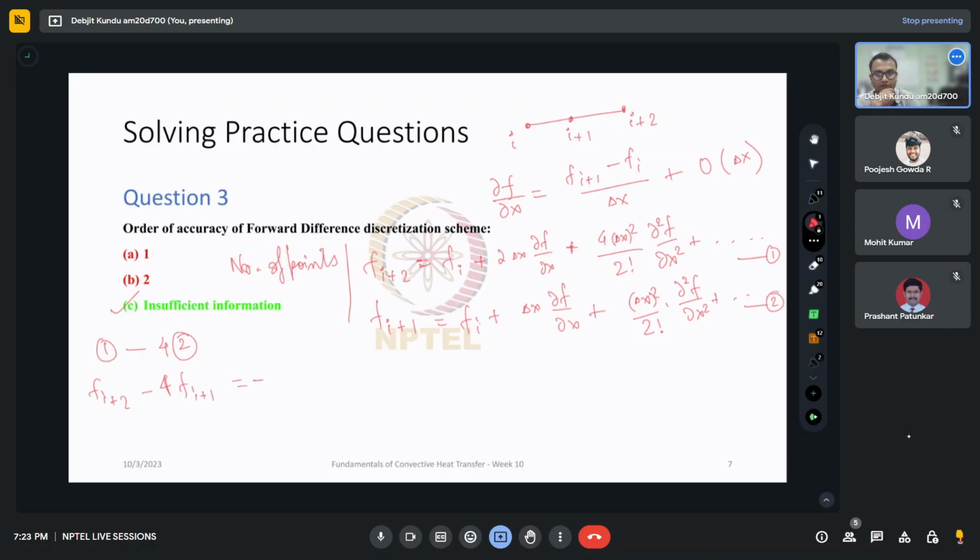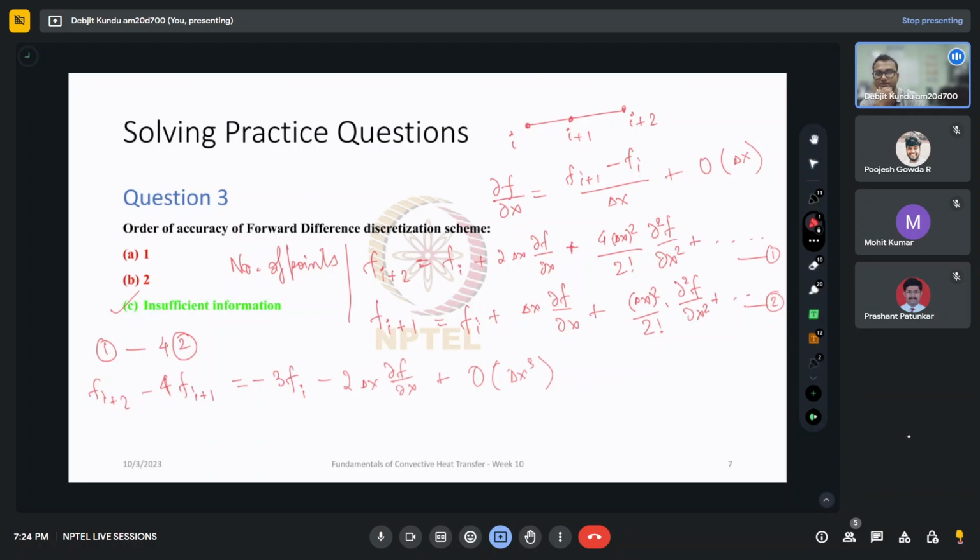Then I'll have minus 3 f_i over here, and then this would be 2 minus 4, so minus 2 delta x into ∂f/∂x, plus this second order term would vanish. We are eliminating this, and there will be some third order terms over here. So there will be some truncated terms, but they would be third order.